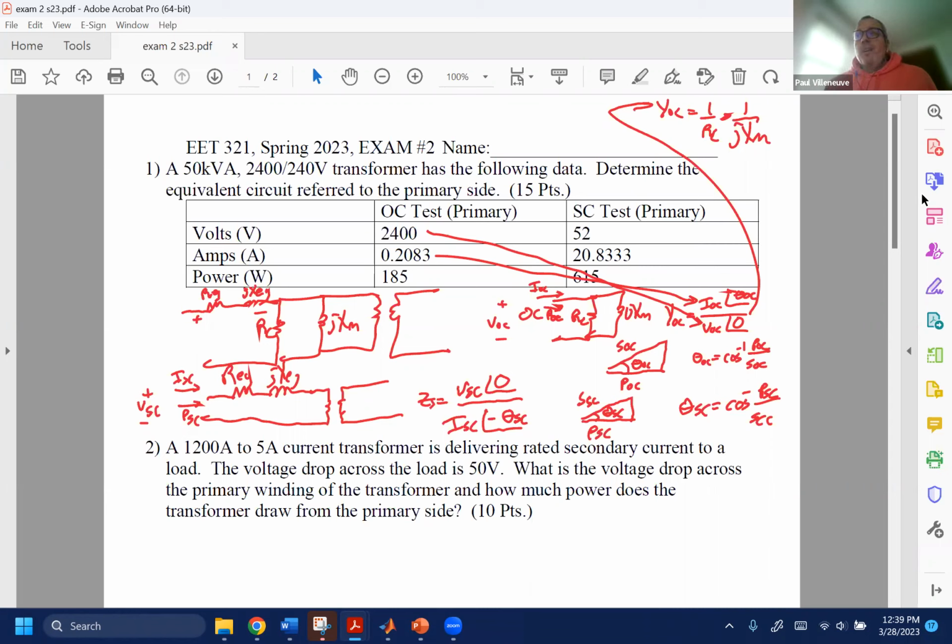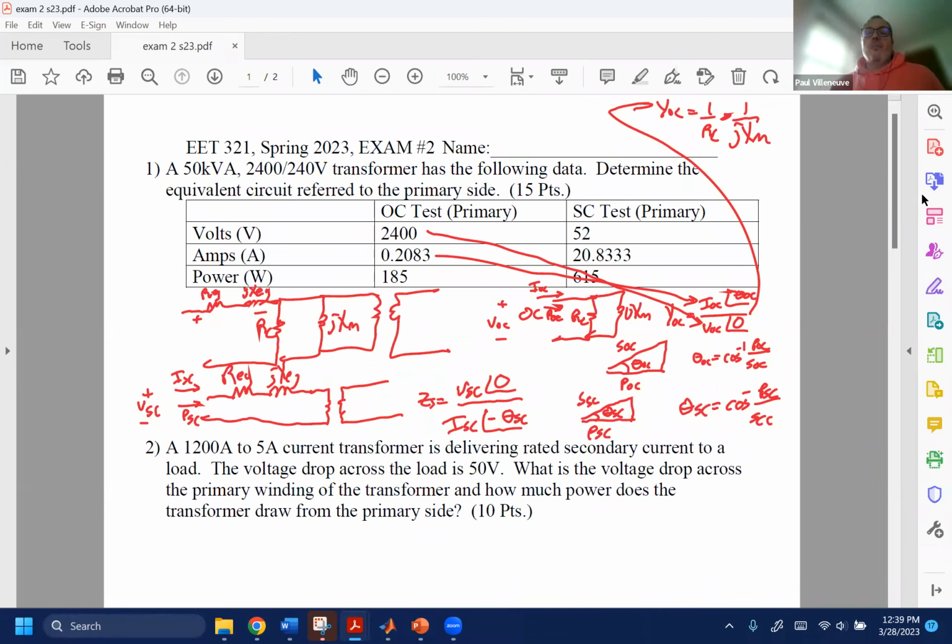I think most people got this right. Just to check your results: if you have a transformer and your R and your X are fairly high, like if you're pushing 20 amps through something that has, let's say, 5 or 10 ohms of resistance, 20 amps times 5 is going to drop 100 volts. This is only a 240 volt transformer.